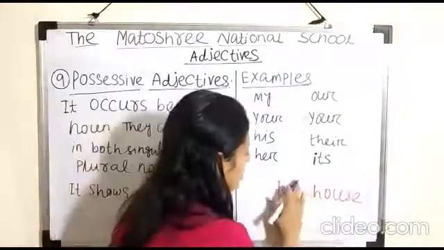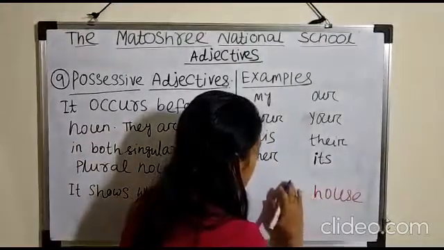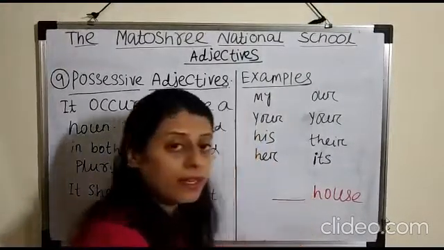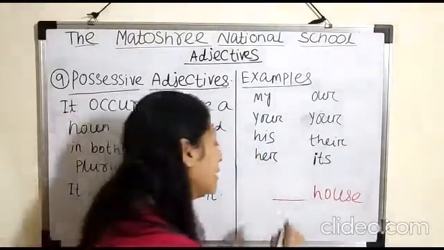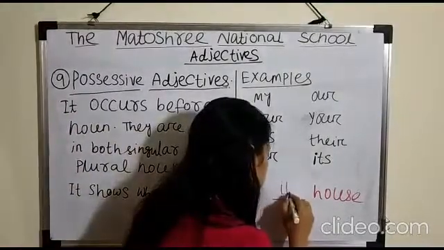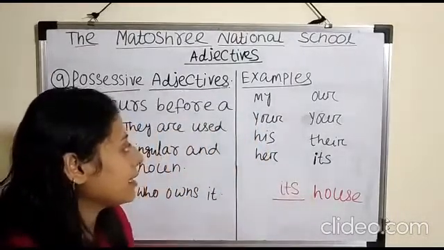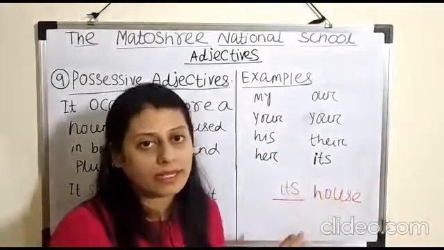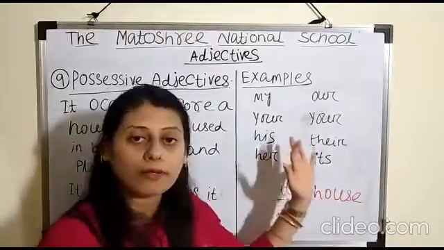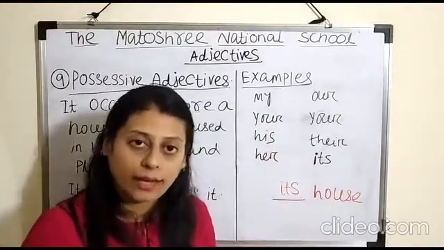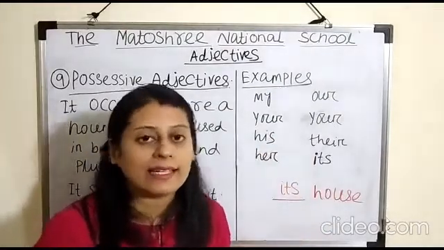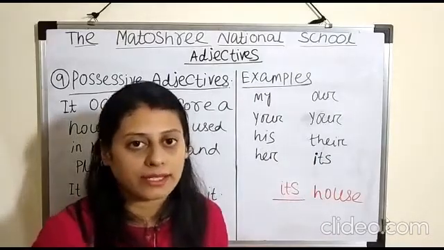If the house is used as a thing, then we can use its. So these are some examples of possessive adjective. Now let's see some sentence examples of possessive adjectives.